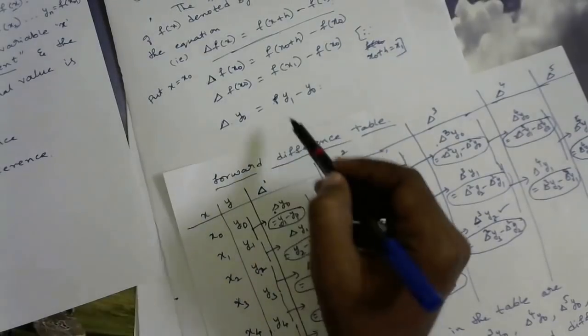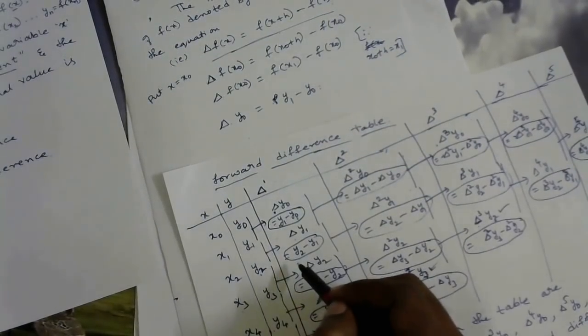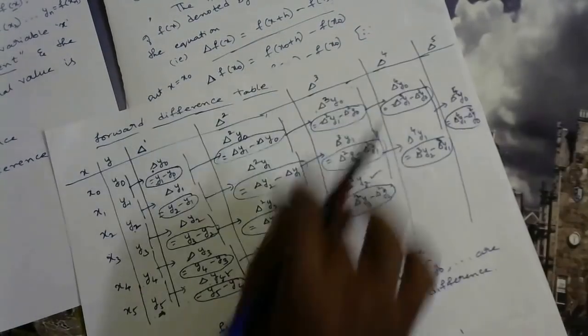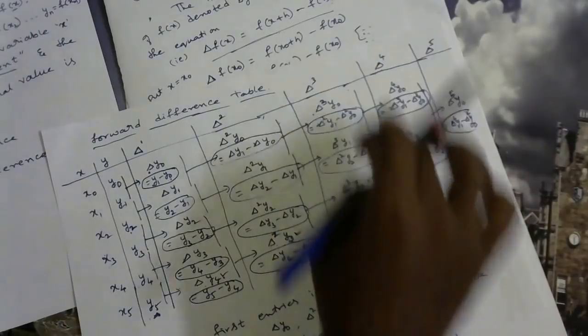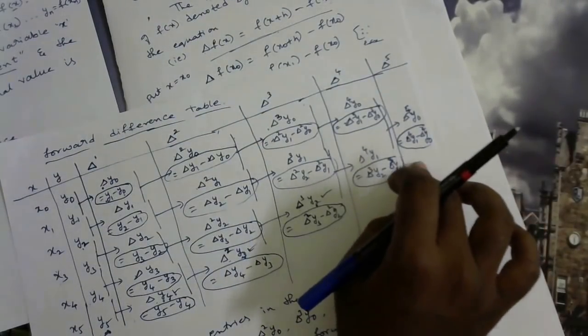So using the definition, we get these elements. These are all the first differences, these are all the second differences, these are all the third differences, these are the fourth, and this one is the fifth difference.